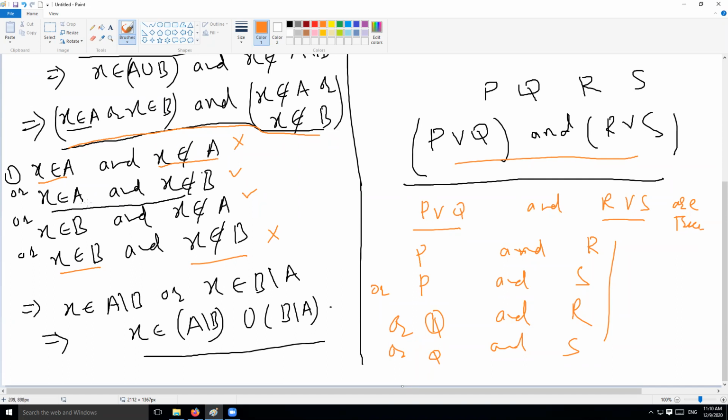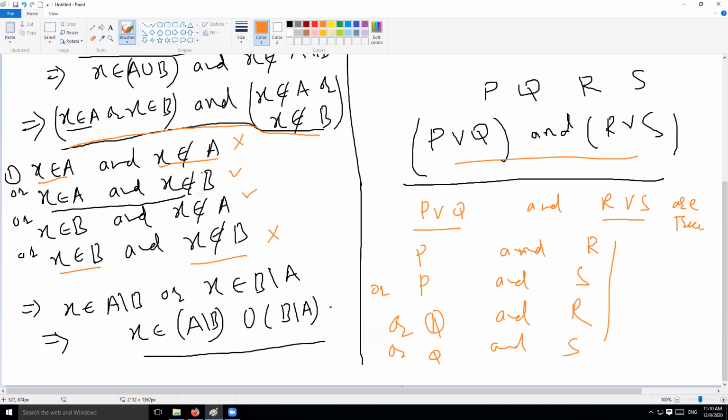X belongs to A is true and X does not belong to B is true. Or X belongs to B is true and X does not belong to A is true. Or X belongs to B is true and X does not belong to B is true. But the first and the last are not possible because they are contradictions. We are not interested in contradictions, just throw them away.